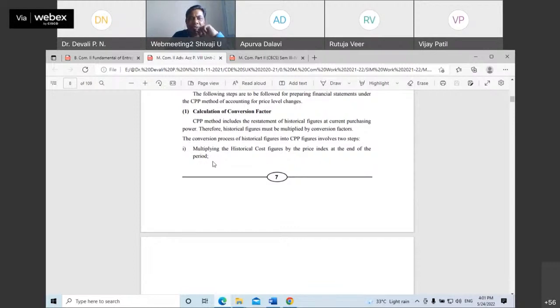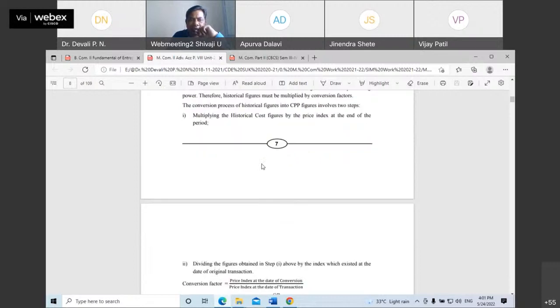That is why the first step to get the conversion factor is multiplying the historical cost figures by the price index at the end of the period.